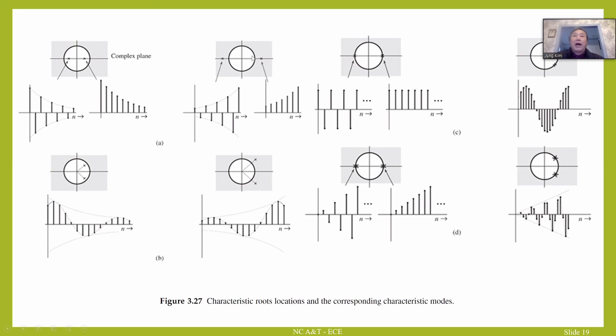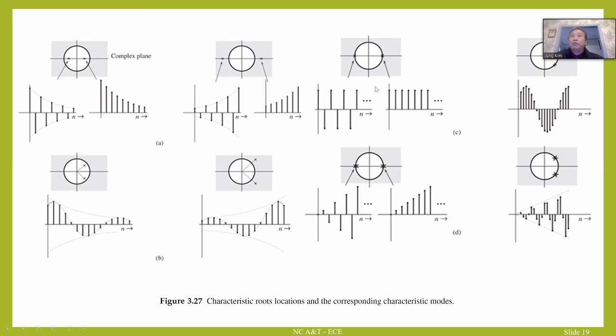But in the case of outside on the real axis, +1 increases, and negative outside of the unicircle on the real axis goes up and down and diverges anyway. And in the case of a complex value outside of the unicircle, it is oscillatory but diverges.